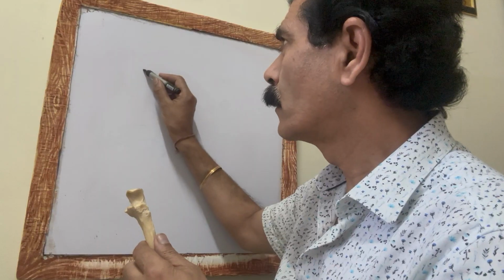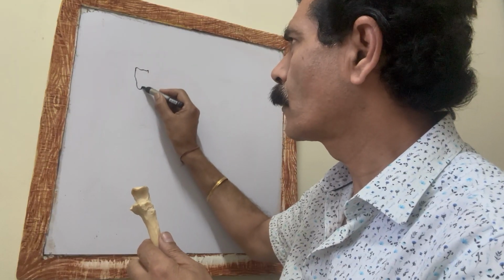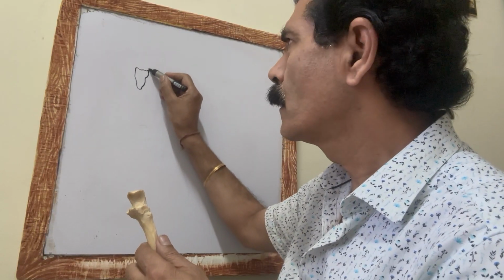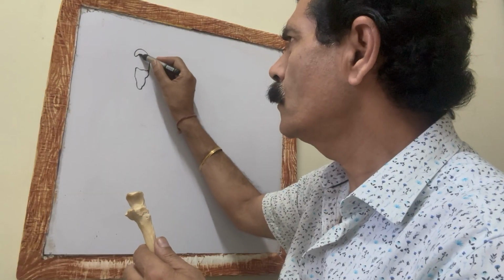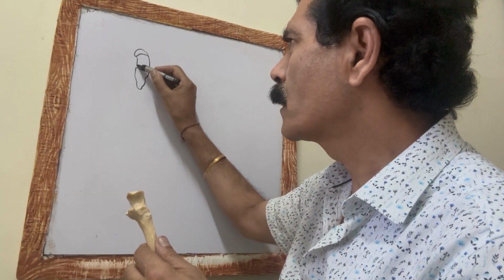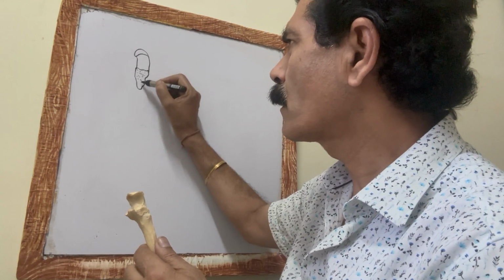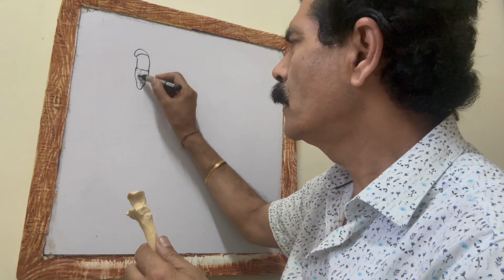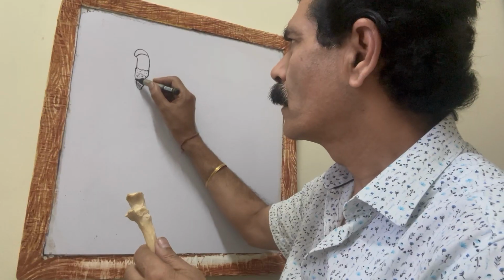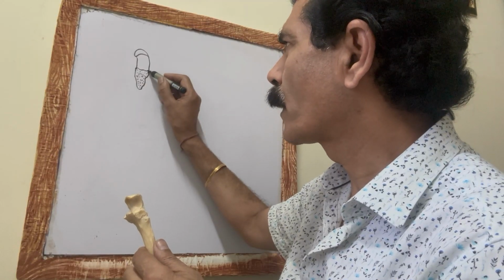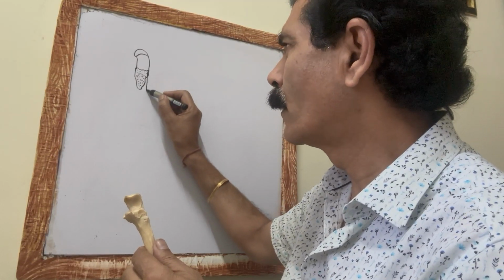So remember, the coracoid process belongs to the scapula, but this coronoid process is the front rough area of the ulna, and the coronoid process is also present in the mandible.